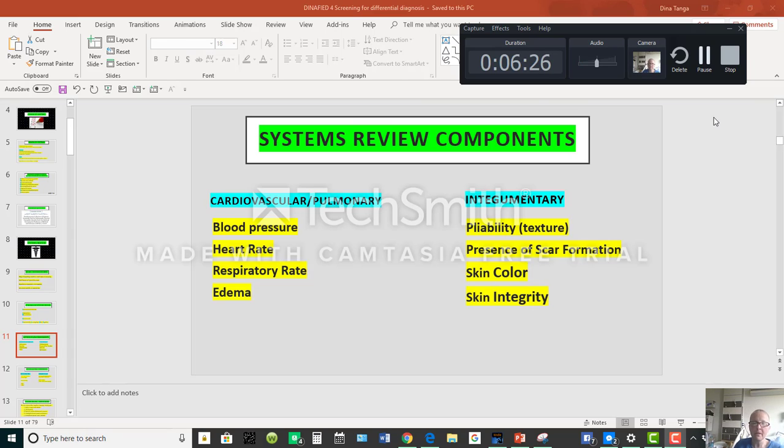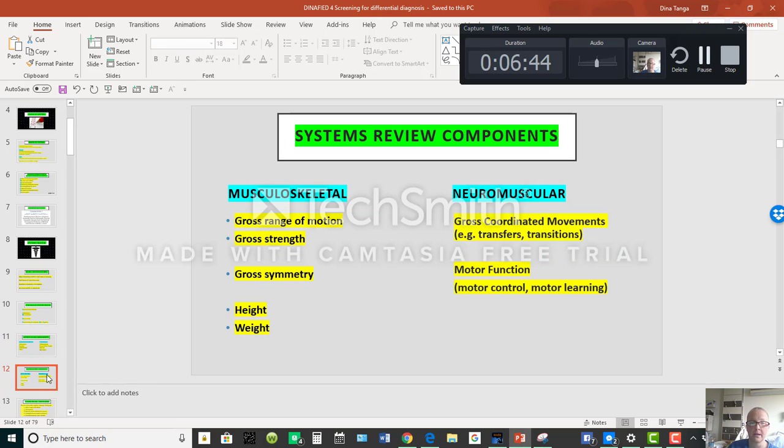Okay. So, integumentary. The pliability, the texture of the skin, presence of scar formation, skin color, and skin integrity. Musculoskeletal, during the systems review, we're going to look at gross range of motion, gross strength, gross symmetry, height, and weight.